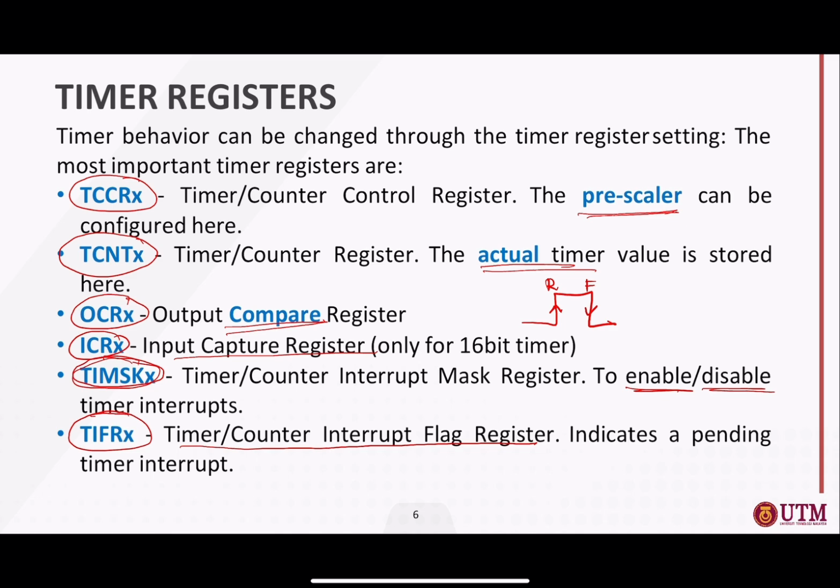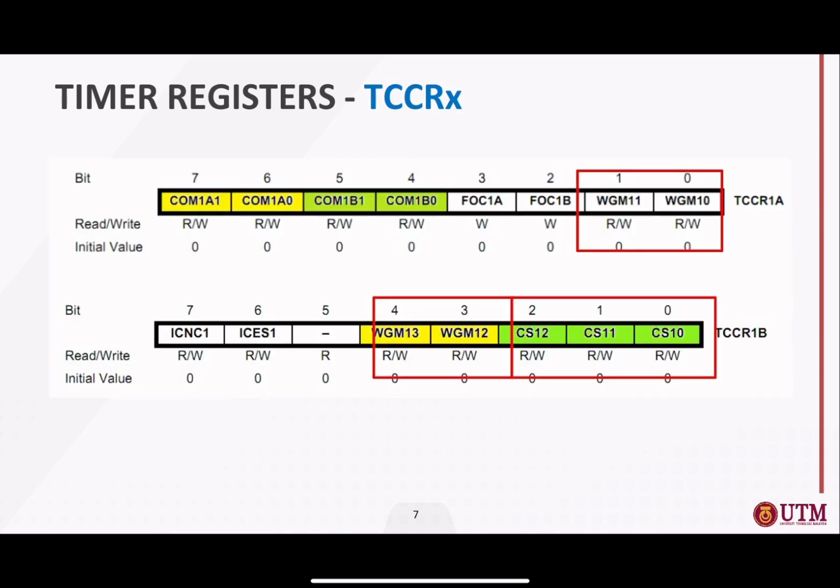Now let's look in a little more detail at TCCRX, the timer counter control registers. In this configuration we have WGM10, 11, 12, and 13. What is the function of WGM? WGM is the waveform generation mode. Each WGM value, from 000 until 111, gives its own operation.